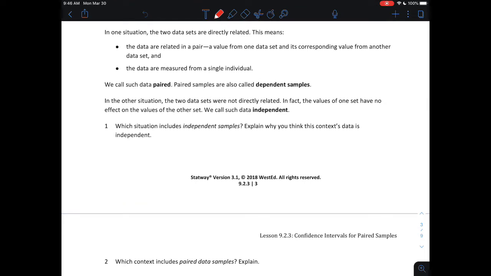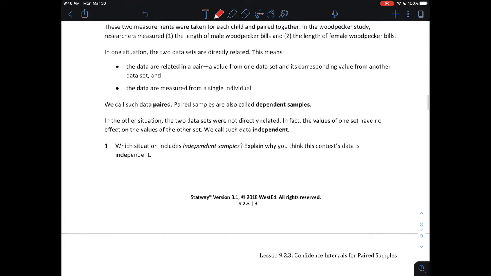This means the data are related in a pair, a value from one data set and its corresponding value from another data set, and the data are measured from a single individual. So two data sets are directly related. They are related in a pair. They are measured from a single individual. We call such data paired.